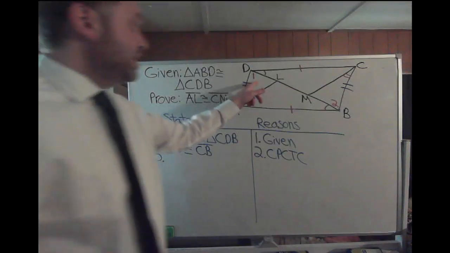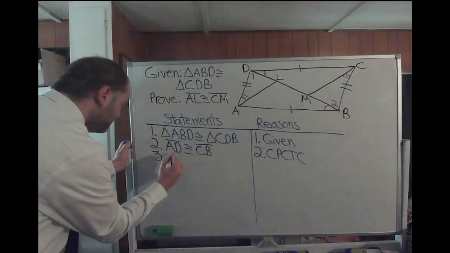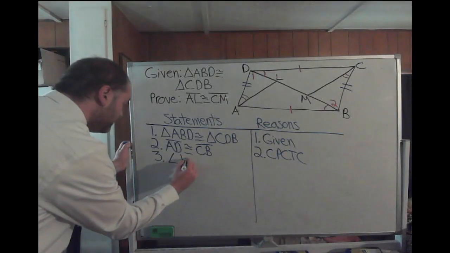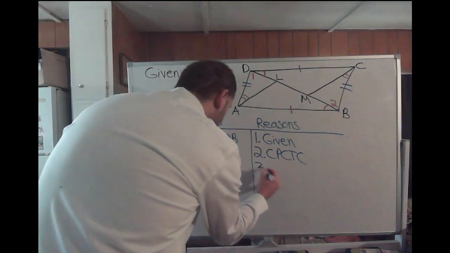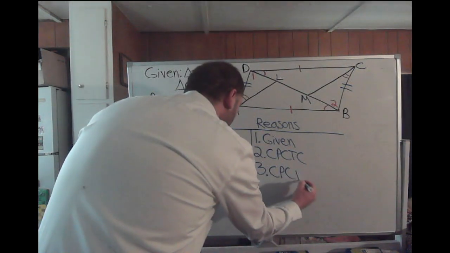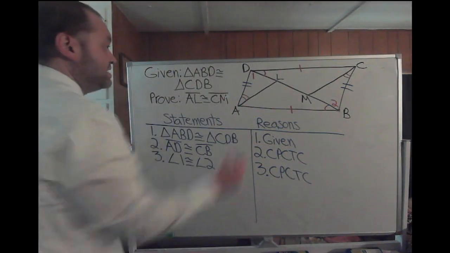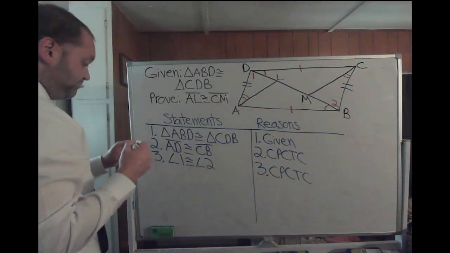It's also true that angles 1 and 2 are corresponding angles, right? You could even say that angle 1 is congruent to angle 2 by CPCTC. So that's why we could have combined them into one step, but I'm trying to take these a piece at a time here. Alright.